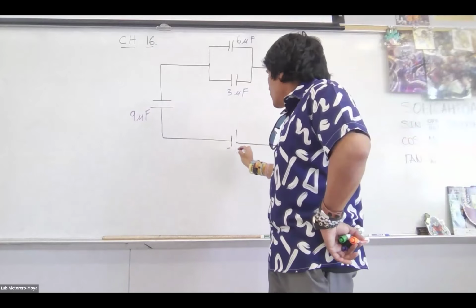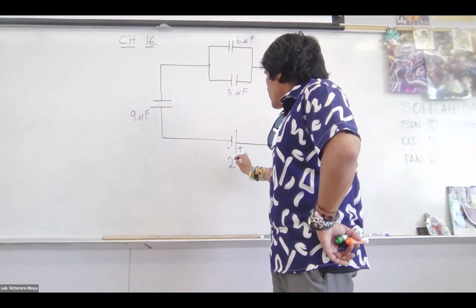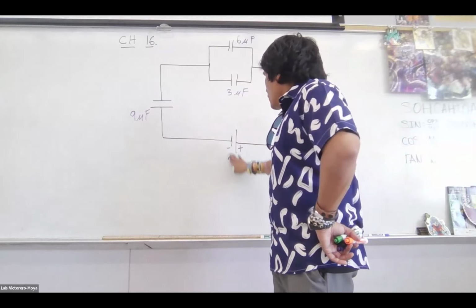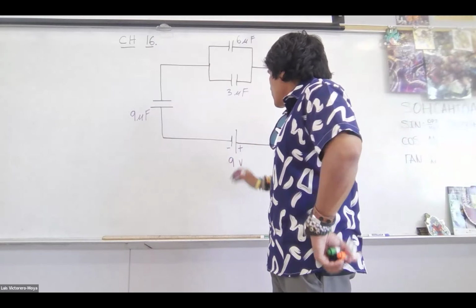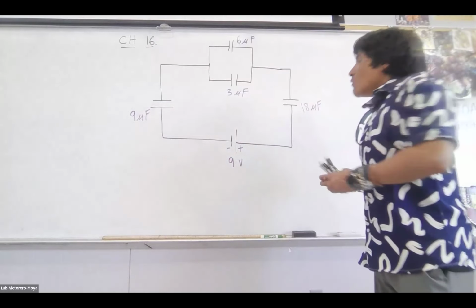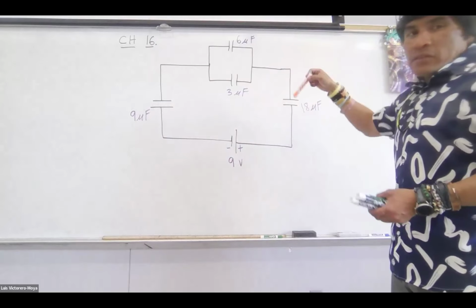And let's make this 27 volts. 9 volts. Yeah, let's do some 9 volts. Find the equivalent capacitance of the circuit.